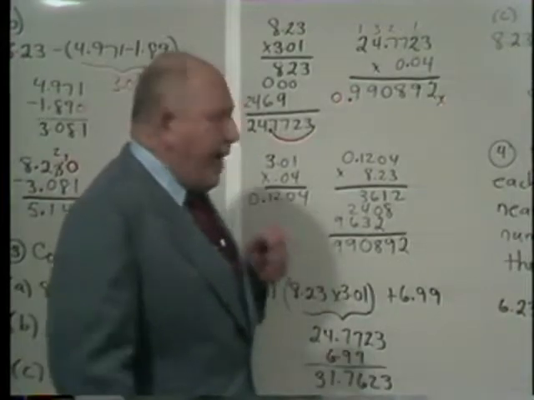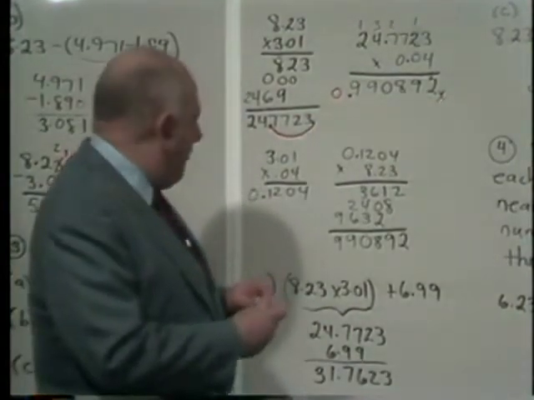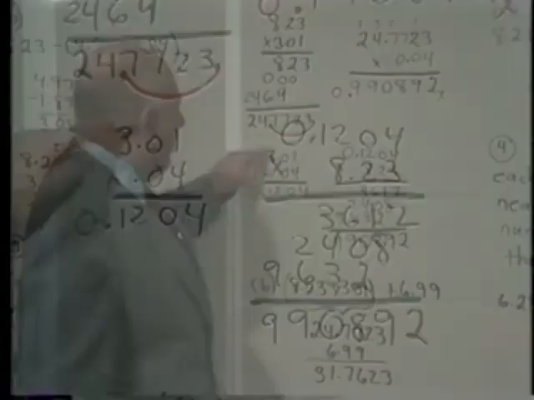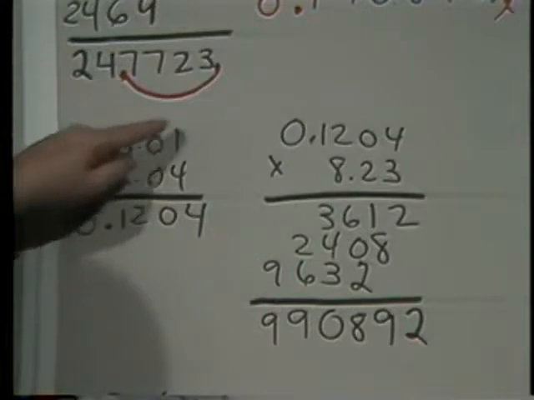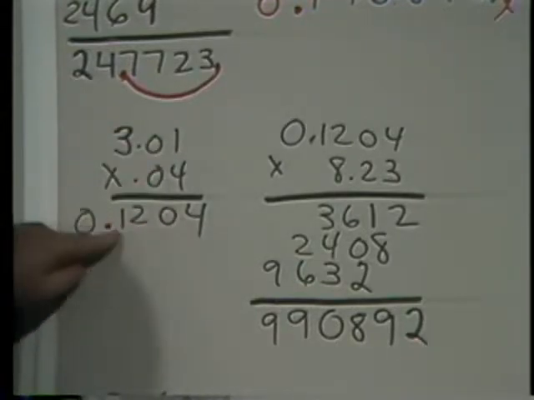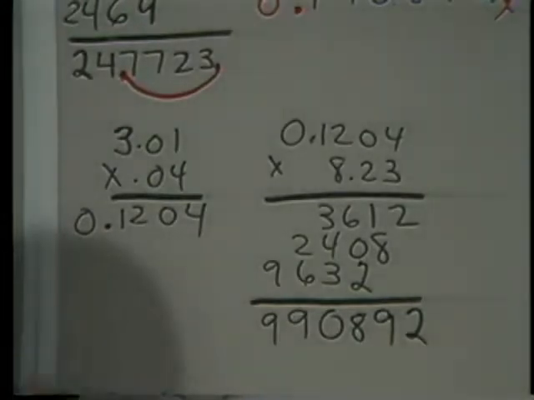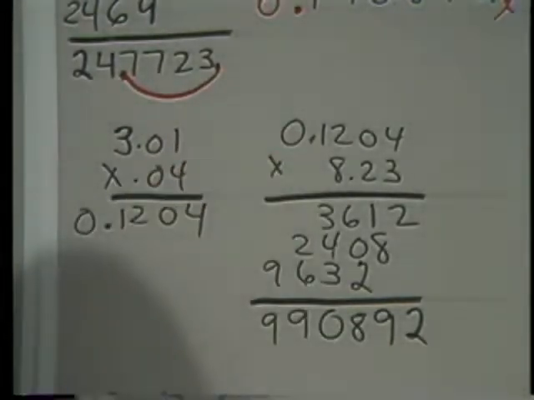Now, to emphasize that I could have multiplied in different orders, what I've done next for you is I decided to first multiply the 3.01 by 0.04. 301 times 4 is 1204. 4 decimal digits. I move the decimal point 4 places to the right. That gives me 0.1204. I take that answer and multiply it by 8.23.